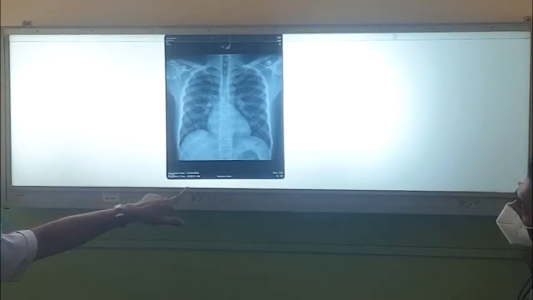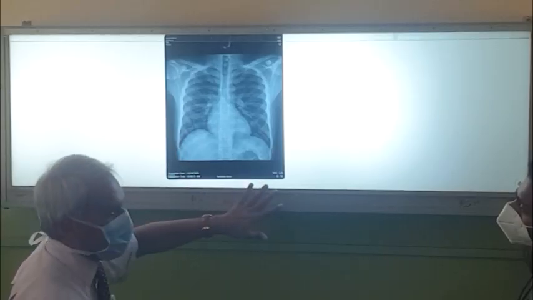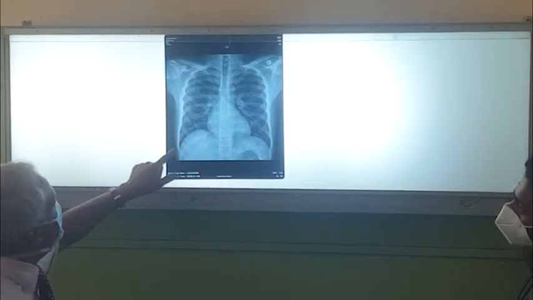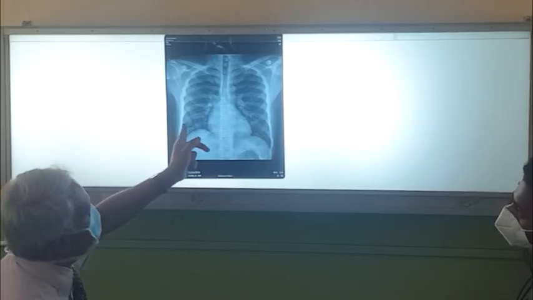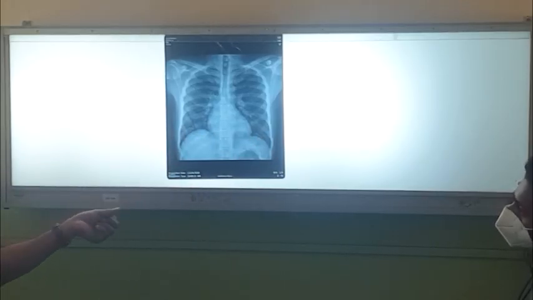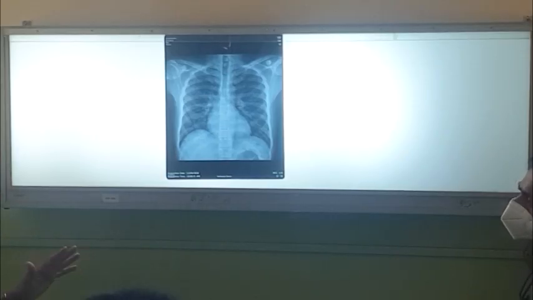I did a repeat X-ray, and there were hardly any changes. But if you look clearly, you can see some increased opacities here. I checked the saturation and it was 80 or something. A young, previously healthy patient, and the saturation is very low, right?